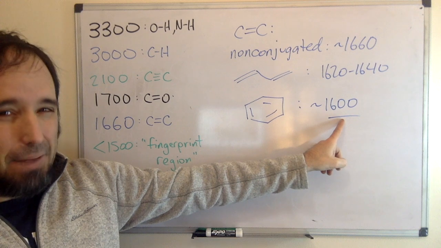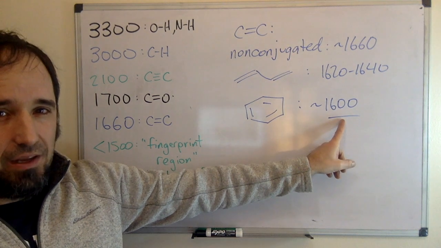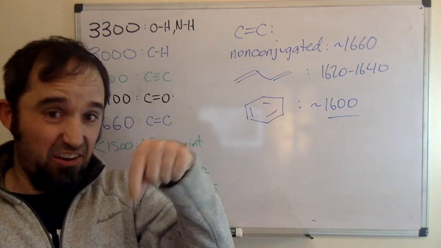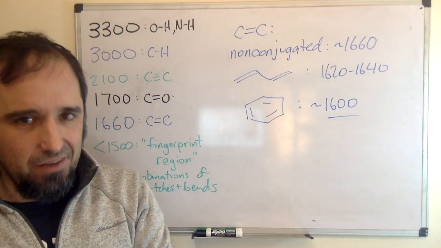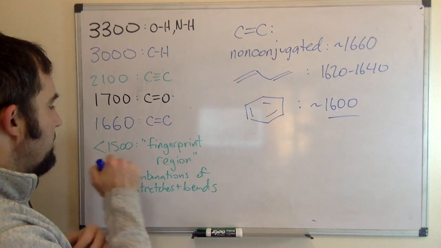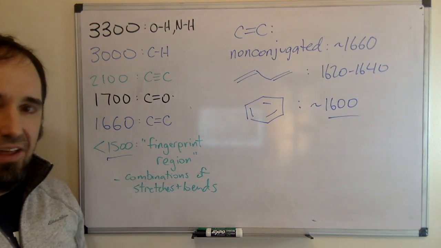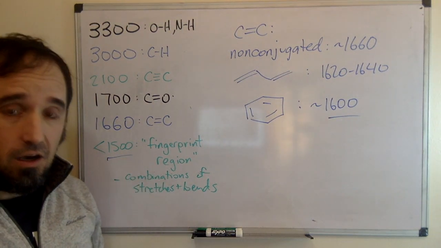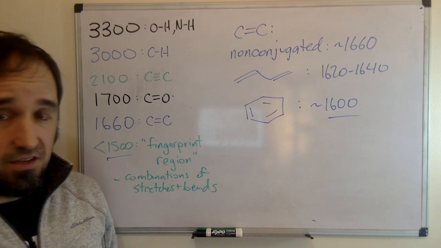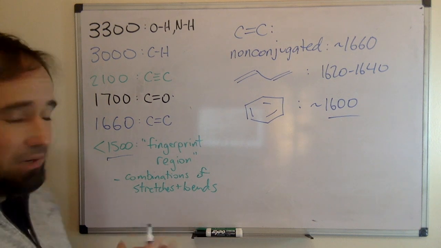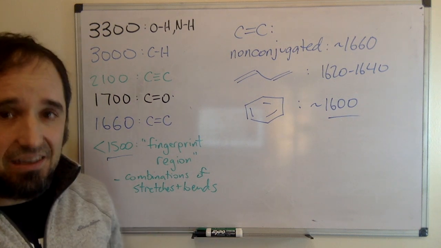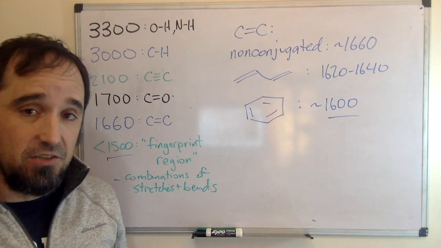And this is about the lowest frequency peak that we care about in this class, you and me, right? Other people care about peaks smaller than that. Usually, once you get below 1500, we call that the fingerprint region, for two implications there. A, yes, it's kind of complicated. There are lots of combination and benzene stretches, and so it's not easy for us to get information from that.